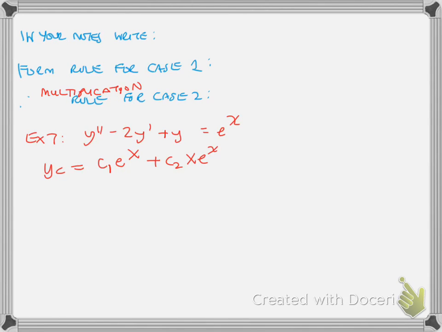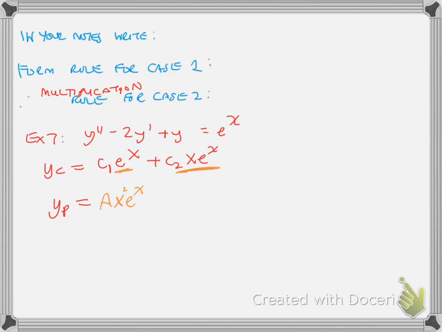So the multiplication rule says if there are duplicates, you multiply by x to the n, where n is the smallest positive integer that eliminates that duplication. That's a lot going on, but basically I know that e to the x is in my complementary solution, so I'll set it up as A x e to the x. But this second term is also in my complementary solution.